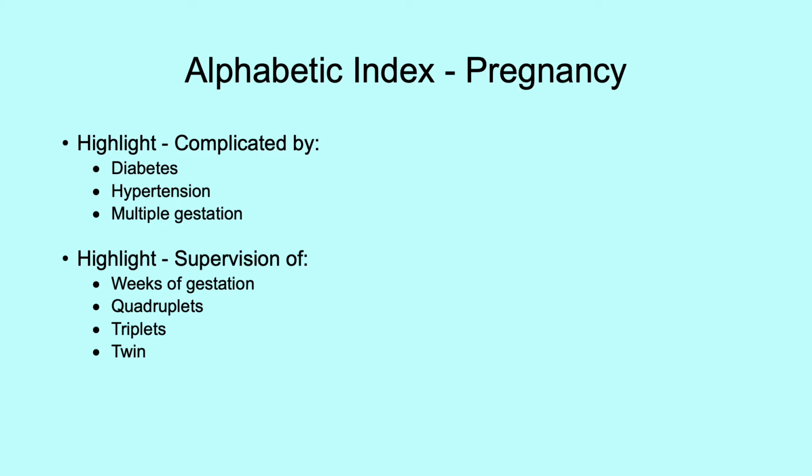Go under pregnancy, supervision of, and highlight, underline, weeks of gestation, quadruplets, triplets, twins, and anything else that you need to find in there. Weeks of gestation is an important one to have because that was also often overlooked.